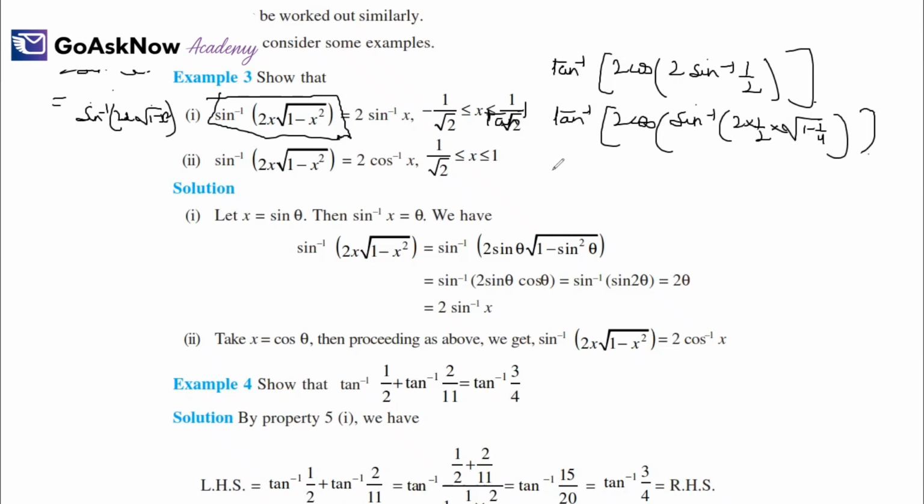Simplifying further, it will become tan inverse 2 cos sine inverse of 1 into root 3 by 4, which will be root 3 by 2 only.